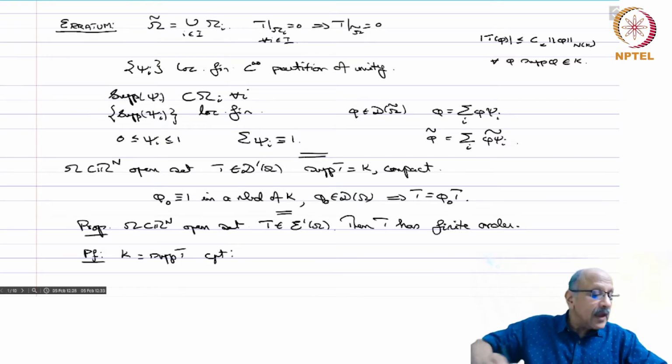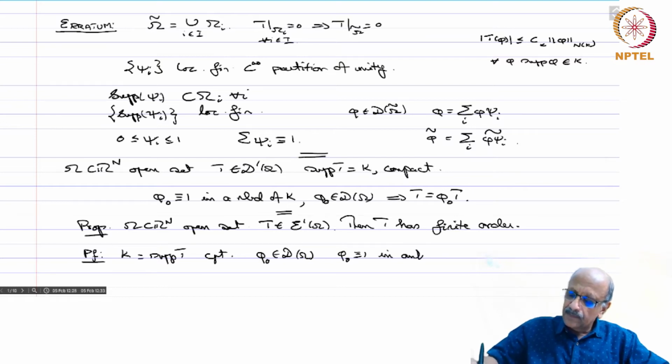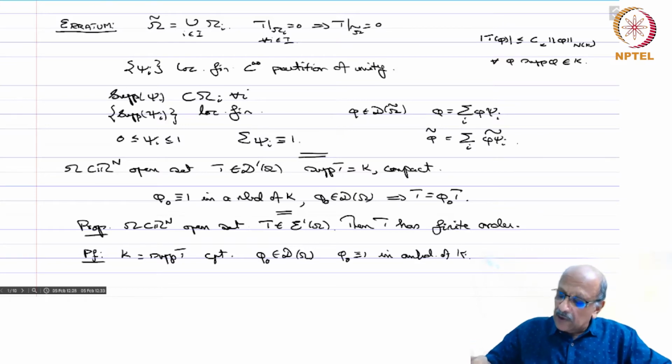So let K equal the support of T, compact, and take φ_0 in D(Ω) identically equal to 1 in a neighborhood of K. We usually say φ_0 equals 1 on K, but you can also take a slightly larger compact set than K, and there also you can construct φ_0 to be equal to 1.